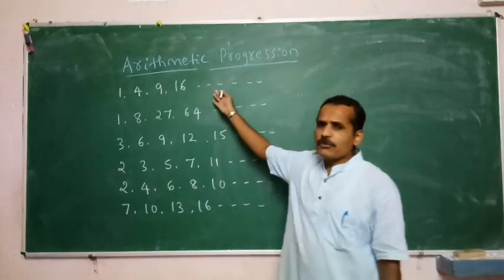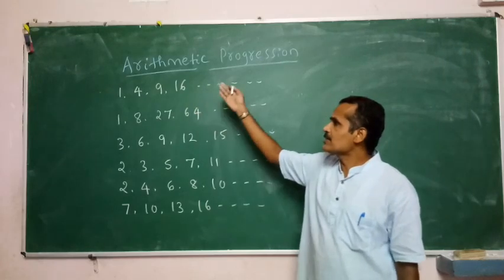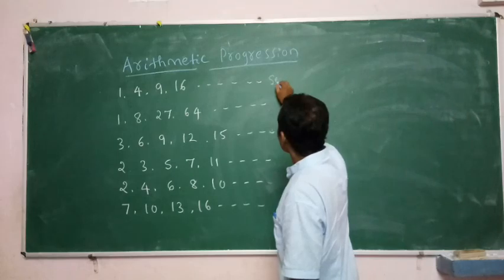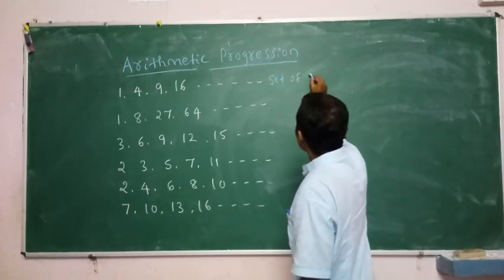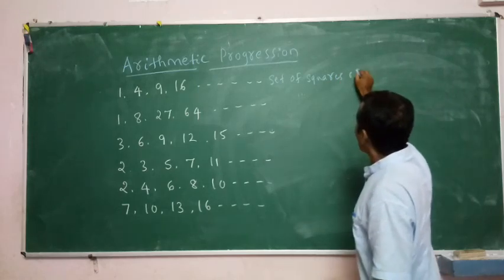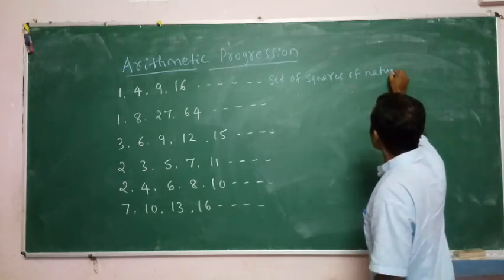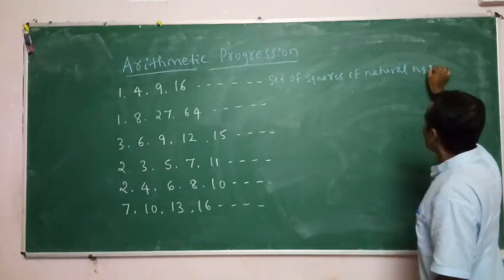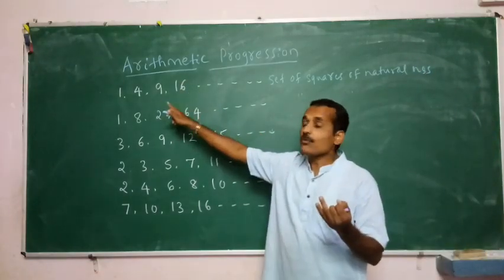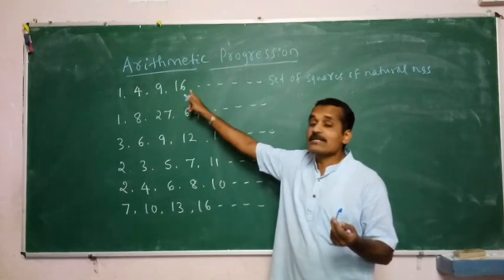Let me go to the first set of numbers 1, 4, 9, 16. These are the set of squares of natural numbers. See, 1 square is 1, 2 square is 4, 3 square is 9, 4 square is 16.